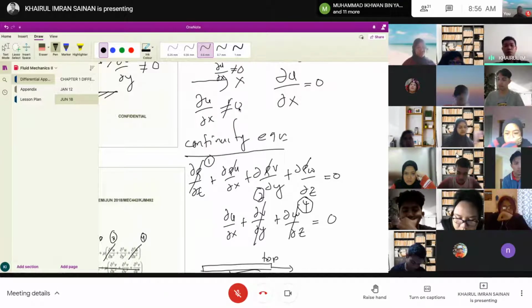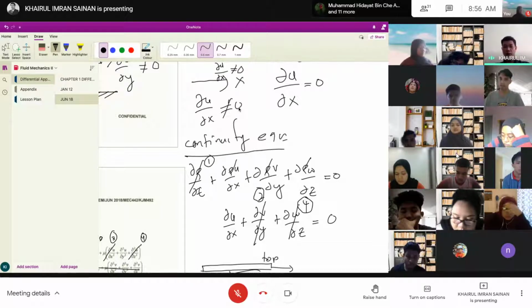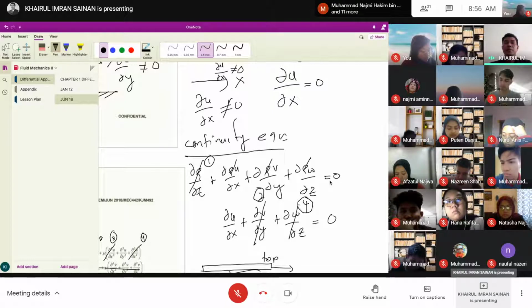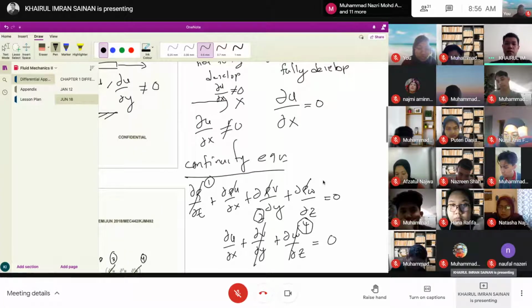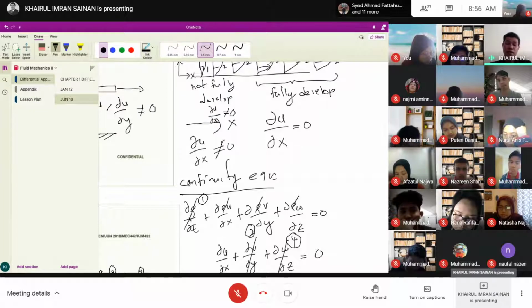We start with del rho over del t plus del rho u over del x plus del rho v over del y plus del rho w over del z equals 0. I mentioned in the previous class, this is the general equation for continuity equation.